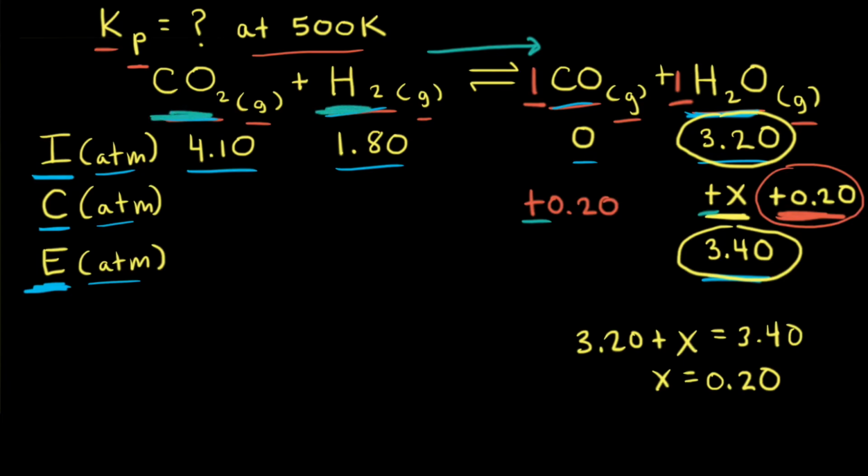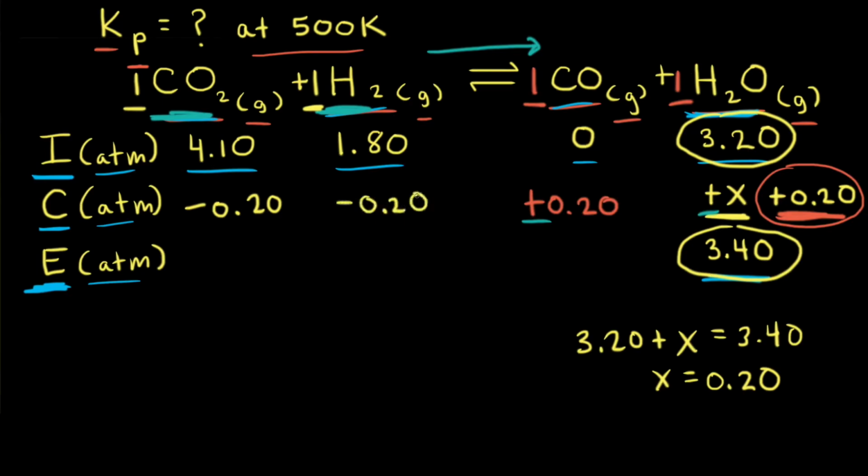We can figure out by how much by looking at the mole ratios again. For both of our reactants, we have 1s as coefficients in the balanced equation. So if it's plus X for both of our products, it must be minus X for both of our reactants. Since X is 0.20, it'd be minus 0.20 for the change in the partial pressure for both of our reactants.